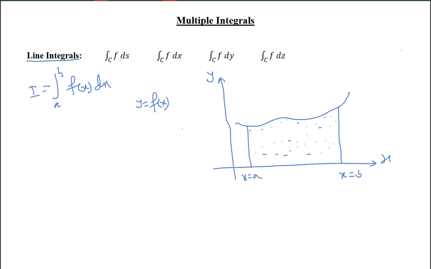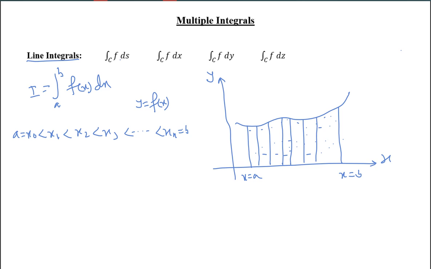Now if I divide this interval ab like this, suppose a is equal to x0, then some points x0, x1, x2, x3 up to xn, which equals b. So we are subdividing this interval into a finite number of parts. Not necessarily will the length of the interval be equal. It's not required that the lengths be equal. Like this we are dividing.